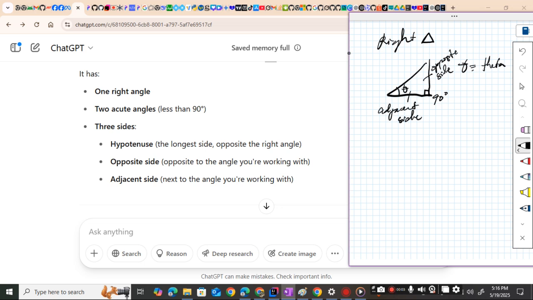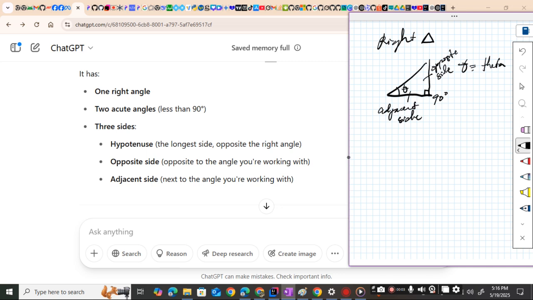Now you might wonder, what's the relationship of the sides of this triangle to the Pythagorean theorem that we have discussed before? Let me give you a simple and brief description.